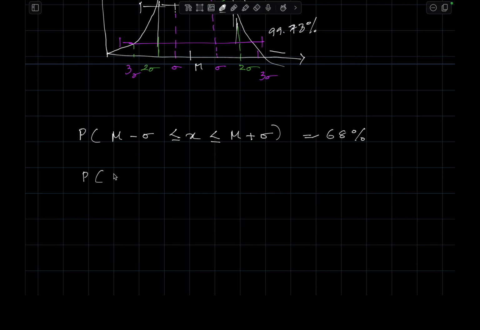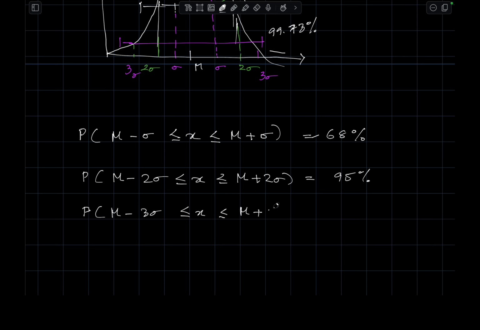Similarly, if we are asked mu minus 2 sigma less than or equal to x less than or equal to mu plus 2 sigma, we can write it as 95%, and the probability of mu minus 3 sigma less than or equal to x less than or equal to mu plus 3 sigma, we can write as 99.7%.